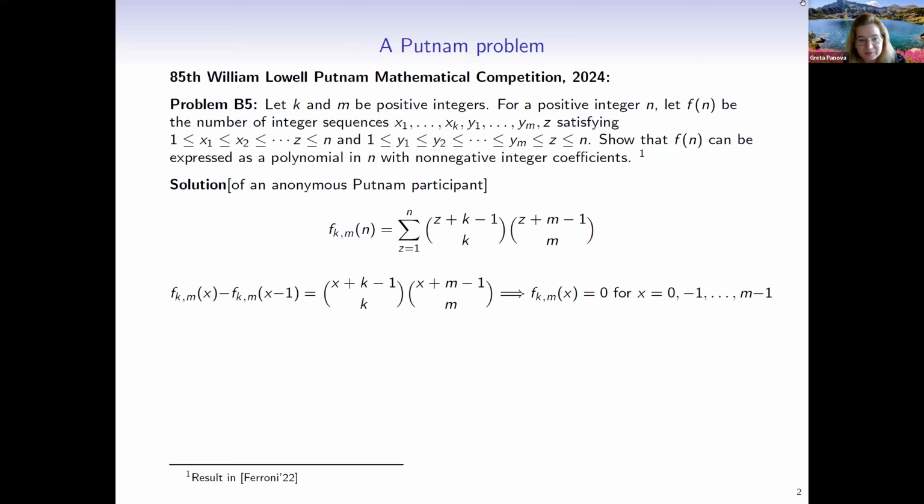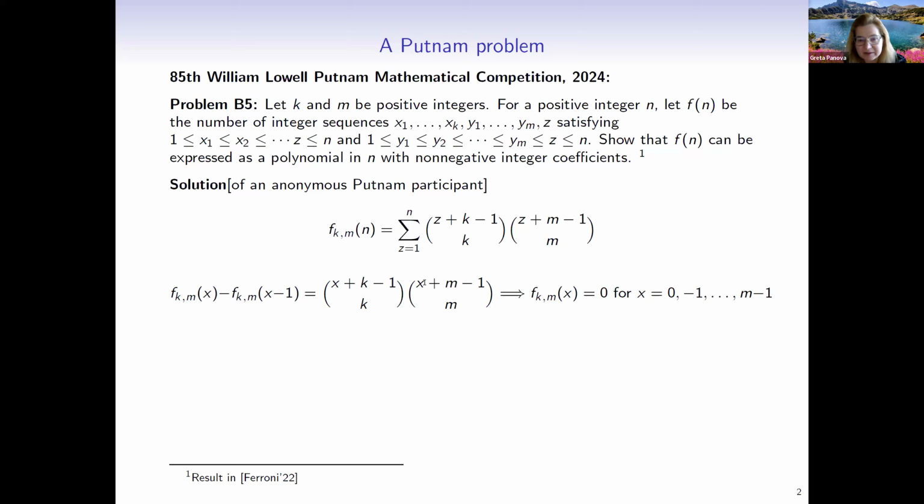One observation is that if you subtract two consecutive values of this function, you get just the product of two binomial coefficients. And these binomial coefficients, if you write them as polynomials in x, become zero if x is 0, -1, and so on, up to minus m plus 1.